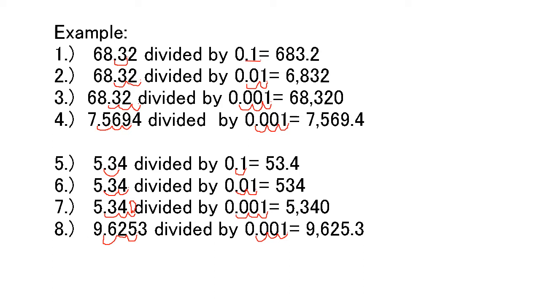Okay, next, number 2. 68 and 32 hundredths divided by 1/100. The answer is 6,832. As our divisor is 100, so we are going to move the decimal point to make it a whole number.